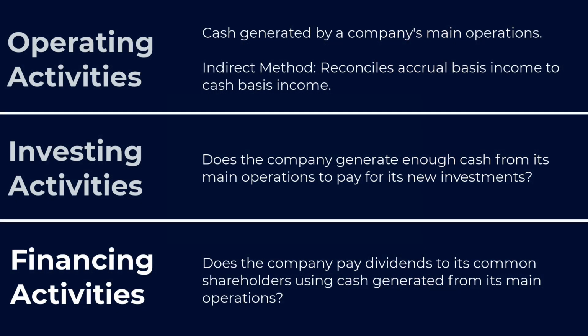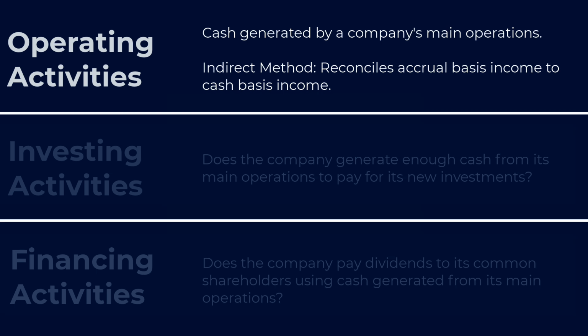To organize those inflows and outflows, we're going to put them into three different buckets: cash flows from operating activities, cash flows from investing activities, and cash flows from financing activities. Operating activities represent cash inflows and outflows from running the company on a day-to-day basis.